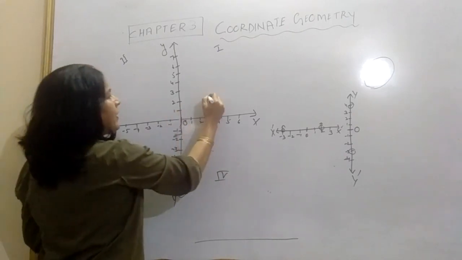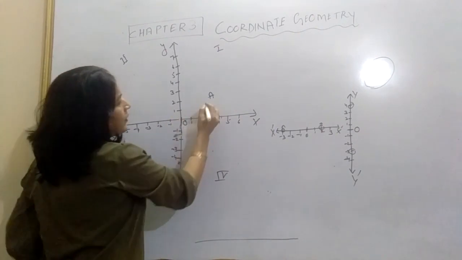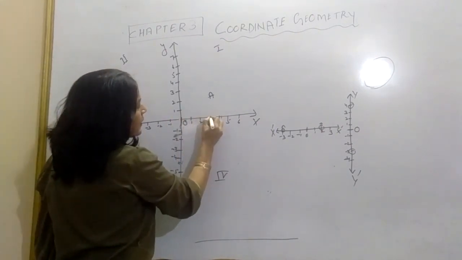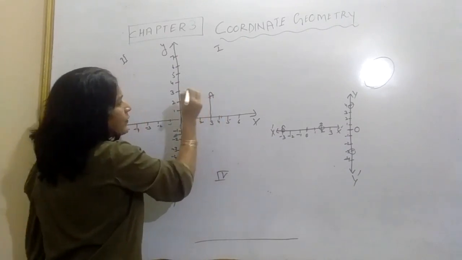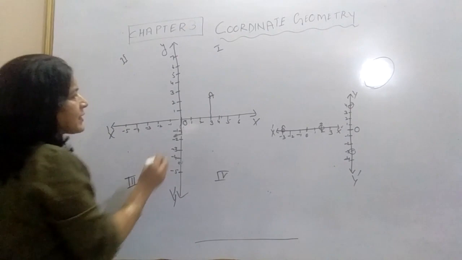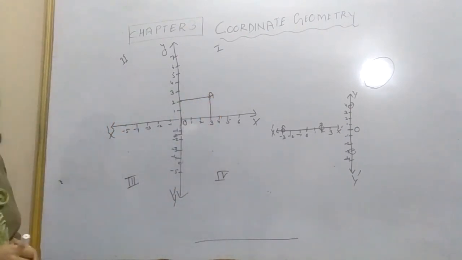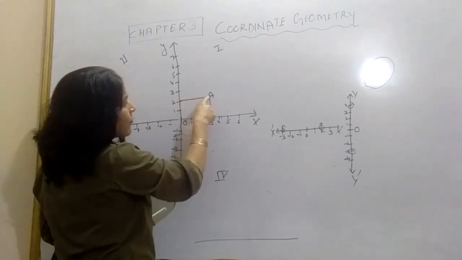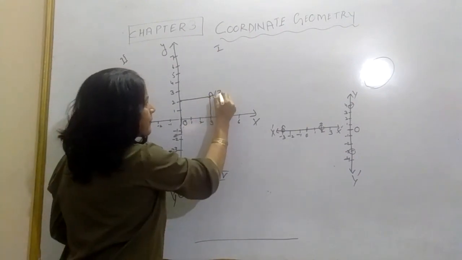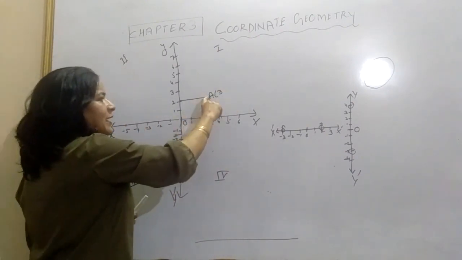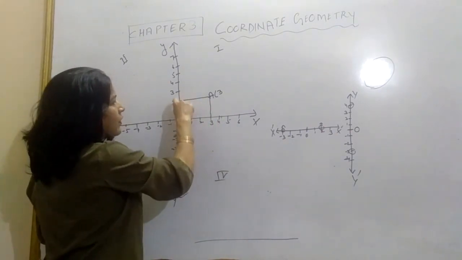Suppose we have to locate point A. We find its perpendicular distance from the y-axis and its perpendicular distance from the x-axis. The perpendicular distance from the y-axis is 3 units and from the x-axis is 2 units.